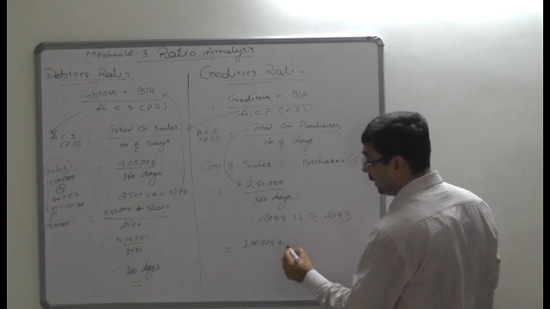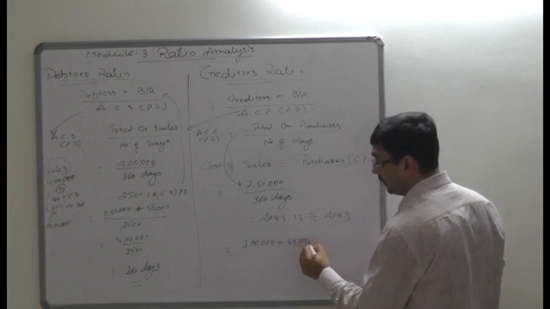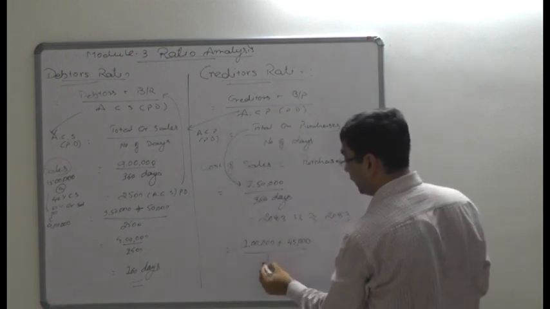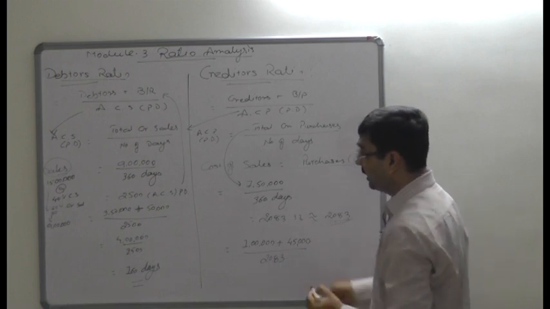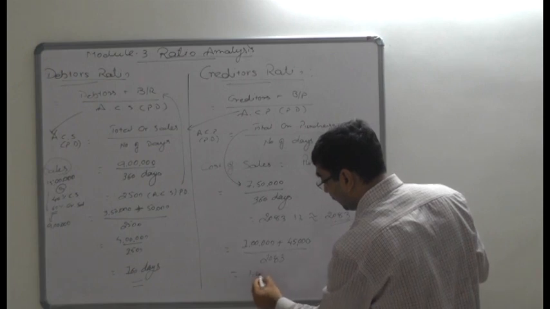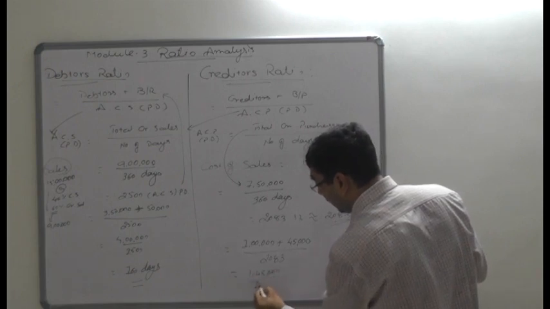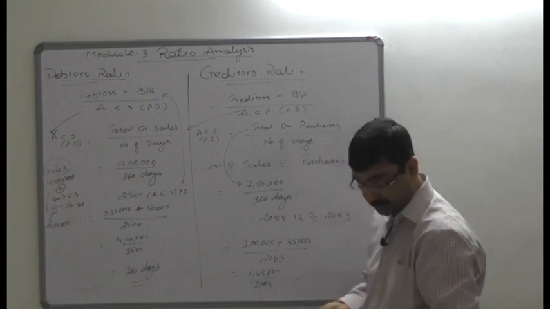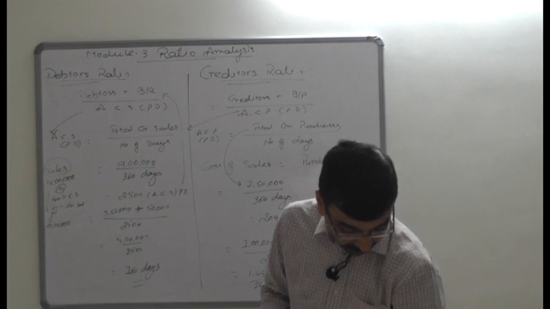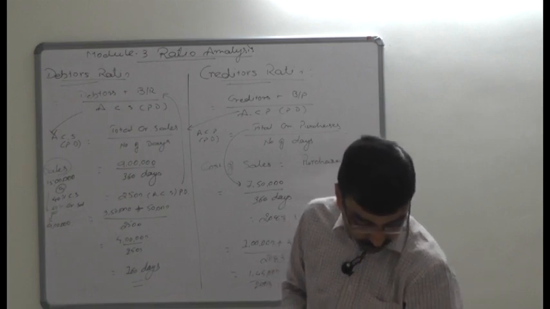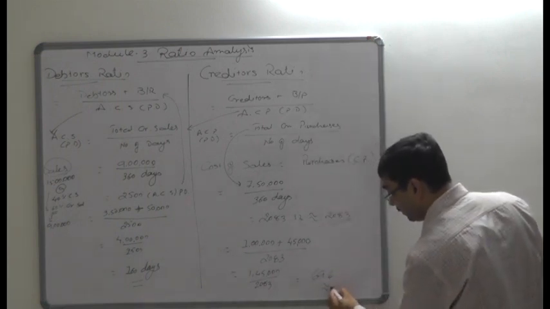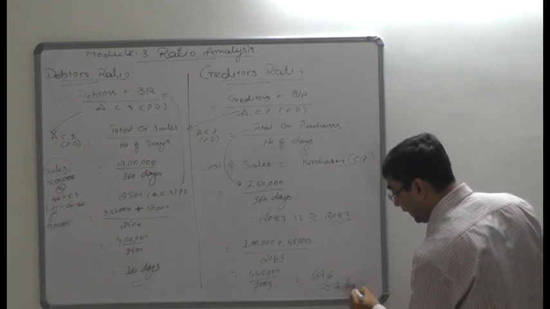According to the data, 1 lakh rupees is creditors and 45,000 rupees is bills payable. So the total comes to 1,45,000. And you have the average credit purchase of 2083. So 1,45,000 divided by 2083 comes to 69.60, almost 70 days.